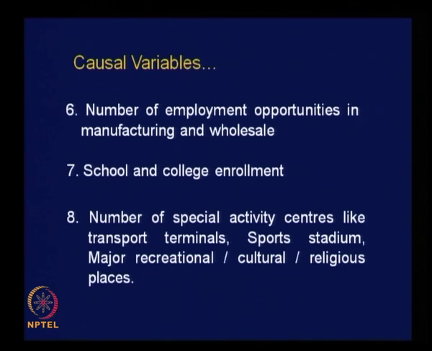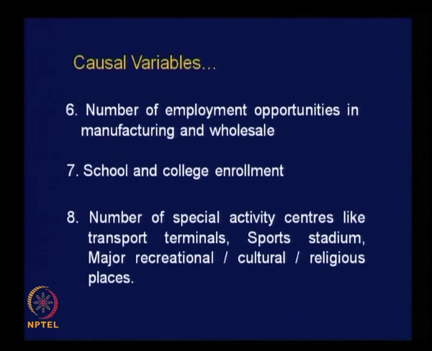We have an intercity bus terminal located in a particular area in a city. People making intercity trips will be converging towards that particular point. So one traffic zone, okay. Like that, number of special activity centers like transport terminals, railway stations, bus stands and so on, sports stadium, major recreational, cultural and religious places.